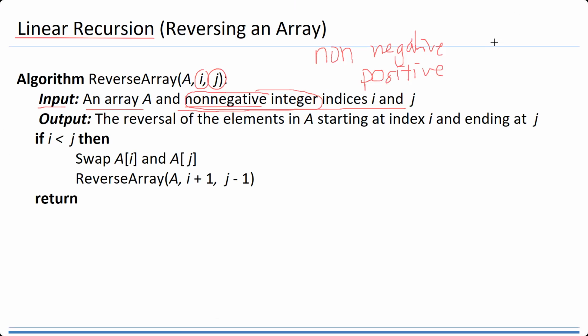It refers to a number higher than or equal to 0. So when you include 0, we use non-negative. If you use positive, it means it should be higher than 0. So 0 will not be included. That's why they call it positive. So if you look at the word non-negative, it means we will include 0 for the index, whether it is I or J.